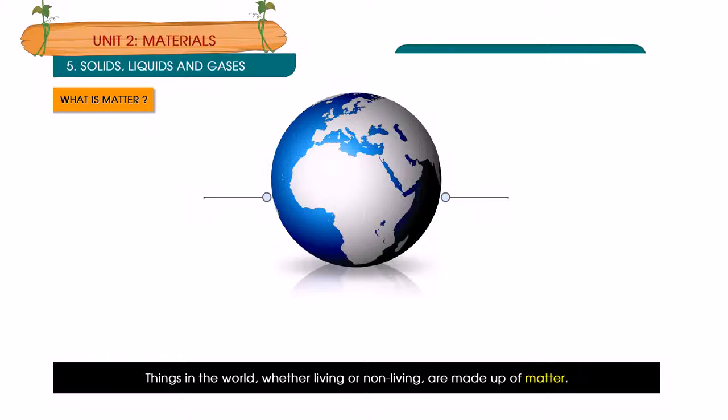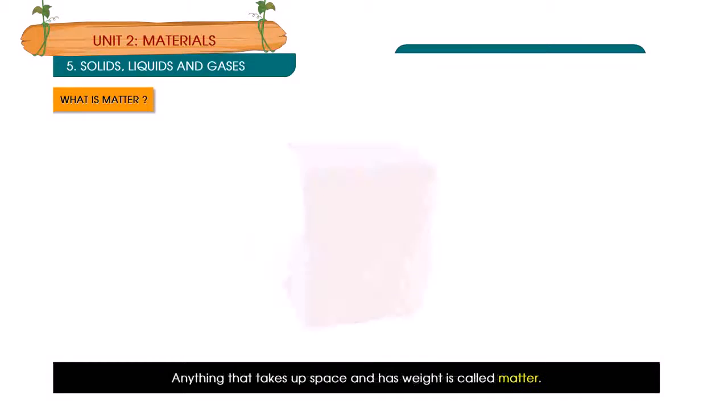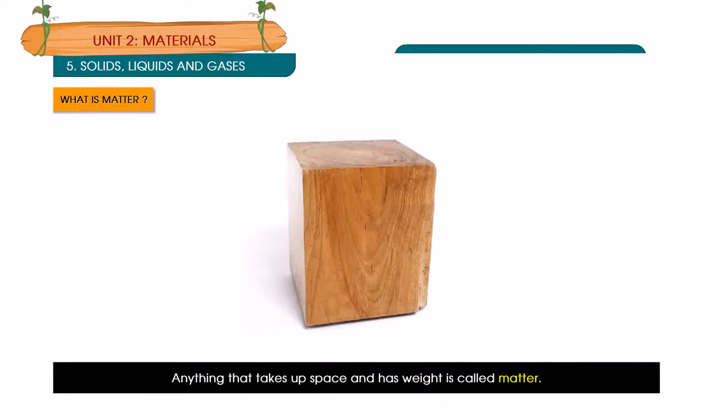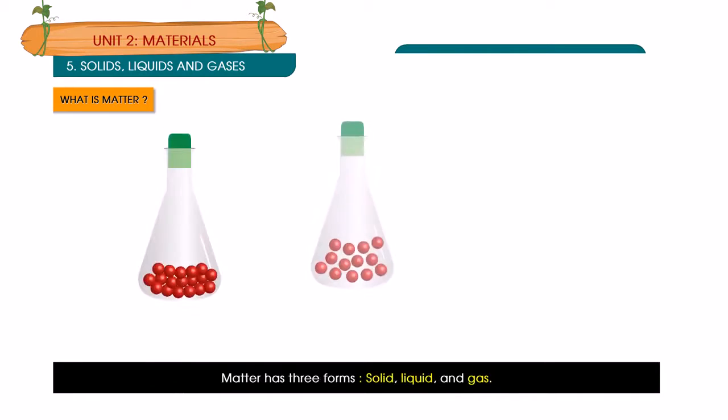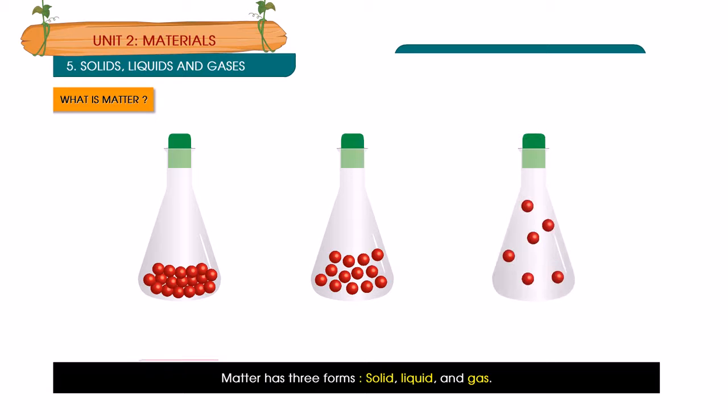Things in the world, whether living or non-living, are made up of matter. Anything that takes up space and has weight is called matter. Matter has three forms: solid, liquid, and gas.